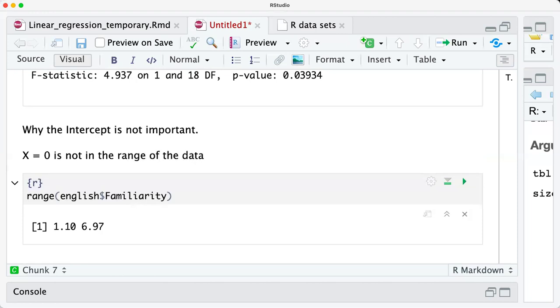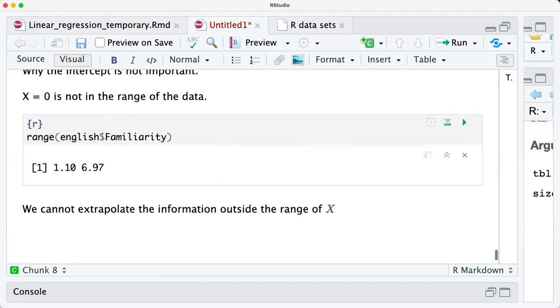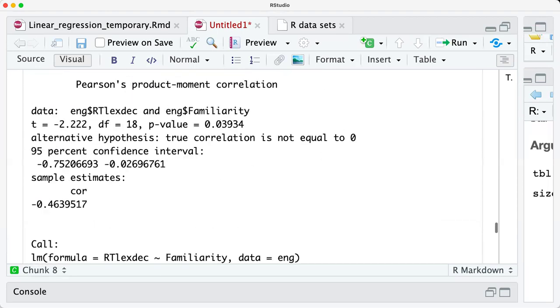What's important to understand is that we cannot extrapolate the information outside the range of x. We have to have some mass of points around the point we want to predict.